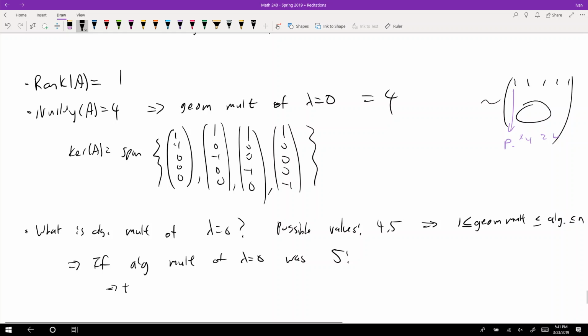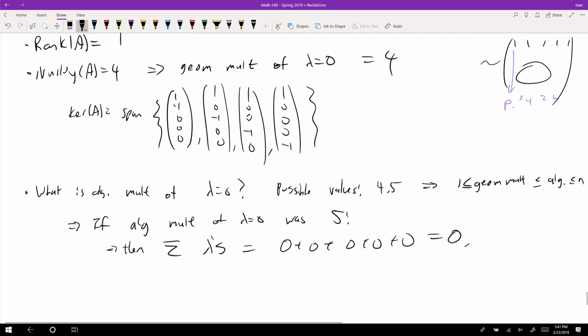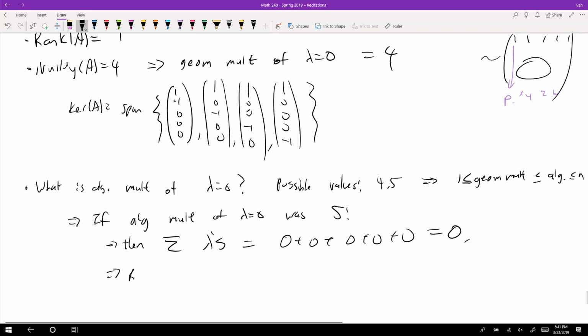Then the sum of lambdas is equal to 0 plus 0 plus 0 plus 0 plus 0, which is equal to 0, right? But what's the trace of our matrix? Not 0. In fact, it's like 10,095, right? 2019 times 5.